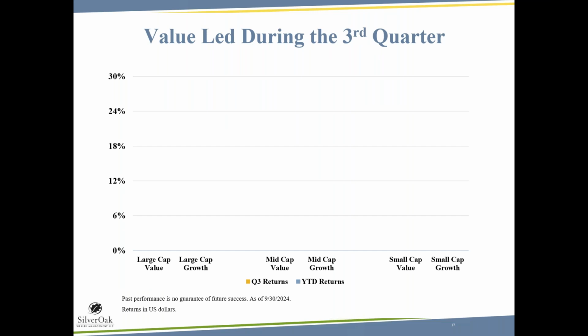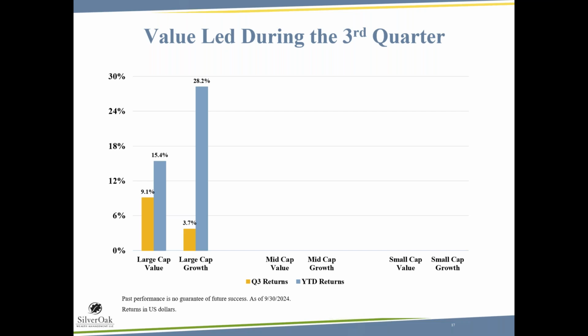Let's talk about the value growth discussion, because I mentioned the Mag 7. Obviously, that's all growth oriented, but for the third quarter, that really didn't perform as well. Yeah, so actually in the month of September, a number of the Mag 7 stocks were down during the month.